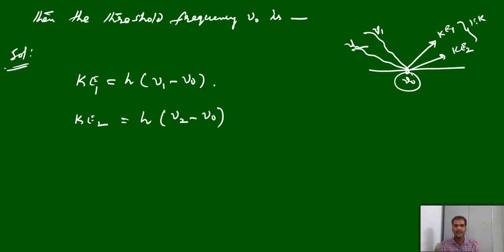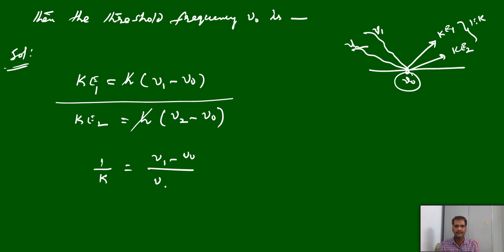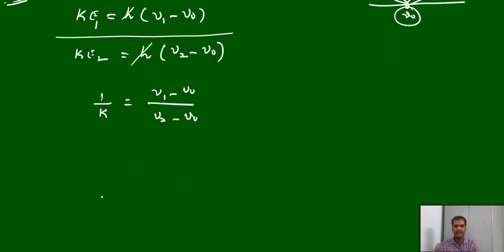Now take the ratio of K1 by K2. We know that K1 ratio K2 is 1 by k. Taking the ratio of these two, h will cancel out. Then 1 by k is equal to (nu1 minus nu0) by (nu2 minus nu0). Simplify this and you will get nu0.